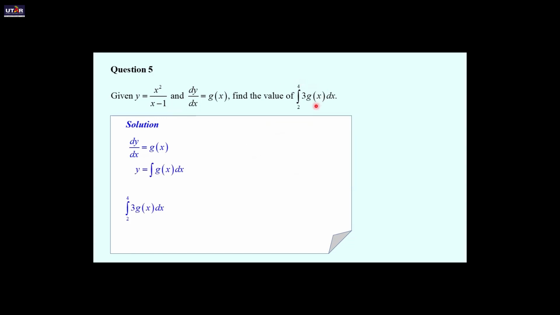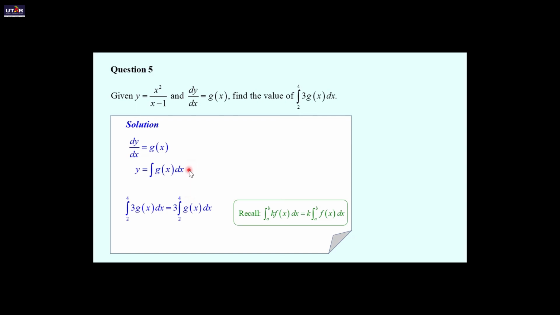In order to find this value, by applying the property of definite integral, when you integrate a constant multiplied by a function, you can write it as the constant multiplied by the integral of the function. So you can also write this as 3 multiplied by the integral of g(x) with respect to x from x is equal to 2 until 4.